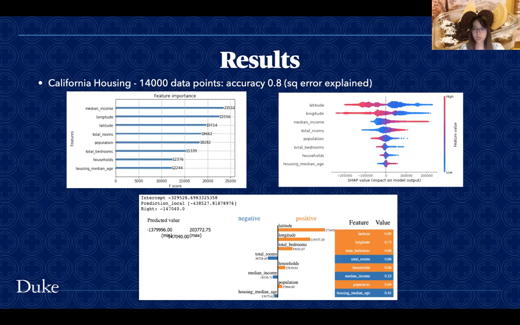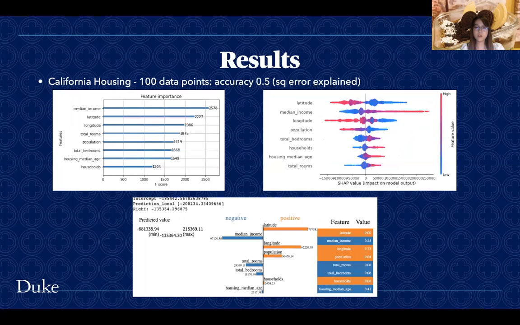This time we also have the discrepancy, but I think there's a bias in the model, because when I wanted to plot 14,000 data points to the SHAP summary plots, it's really, really slow, and my kernel crashed. So I ended up using a subset of the data. I'm worried it's not representing the whole model. I also have a smaller one using only 100 data points, and they're kind of not agreeing with each other as well.